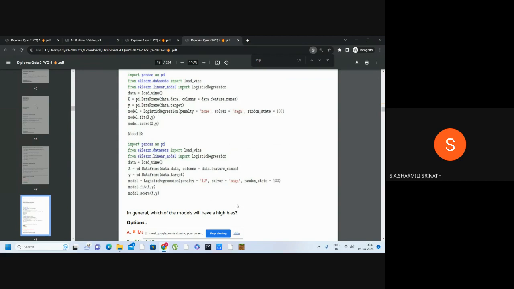L1 is absolute value, L2 is square. So L2 is going to be higher in terms of penalty. It depends on the alpha value too, provided the alpha value is the same in both cases. So the penalty is more in the case of L2. So the squared value will have more bias.